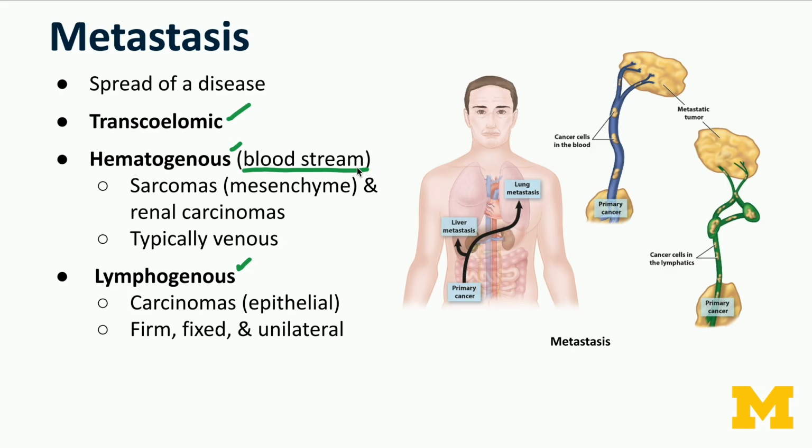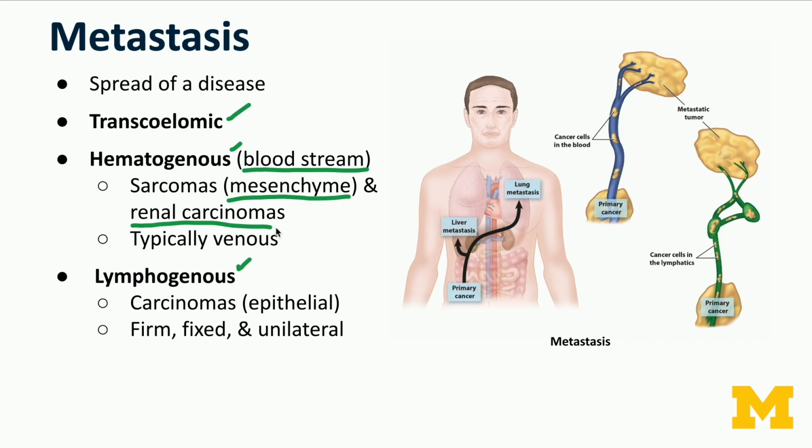More often than not, sarcomas, which are malignancies derived from tissues of the mesenchyme, are going to spread hematogenously, but also renal carcinomas. These are epithelial cancers that arise from the kidneys, will also spread hematogenously. Generally, the pattern of movement is through the veins. So typically, hematogenous metastasis is venous in pathway.